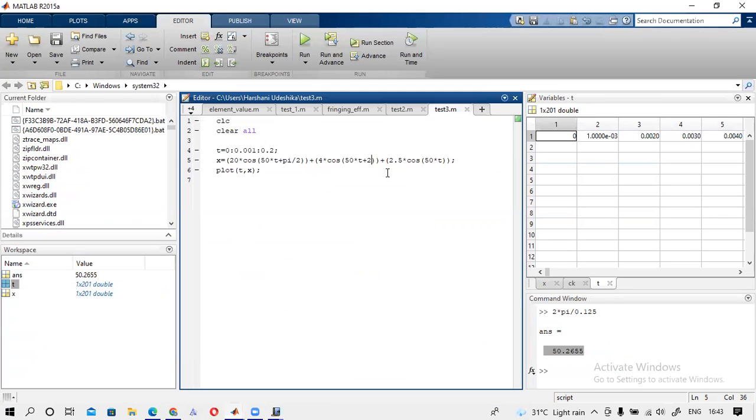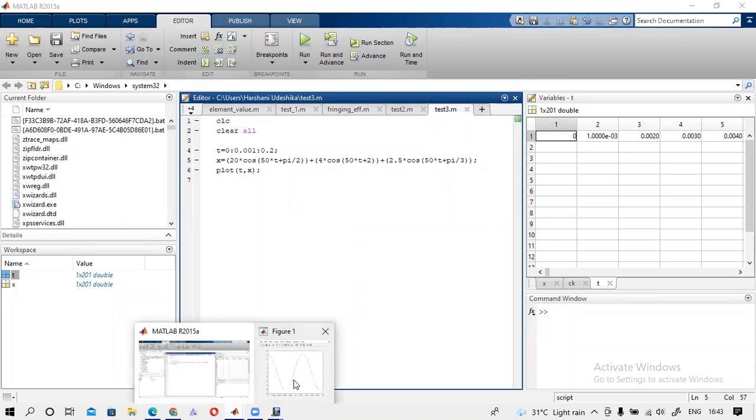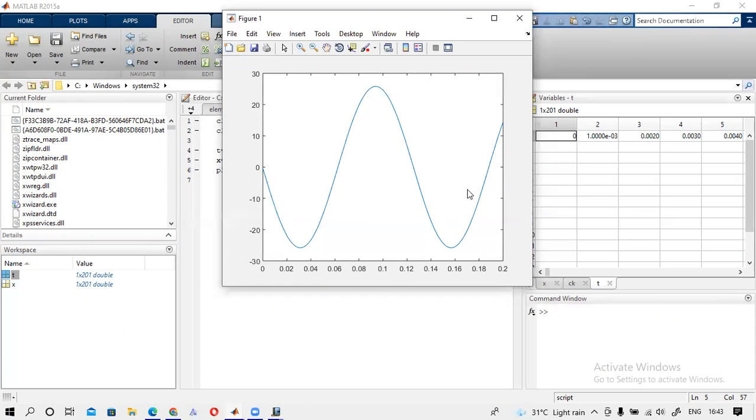So just add any phase shift. You will get the same signal, but with some phase shift, with no effect on the frequency.